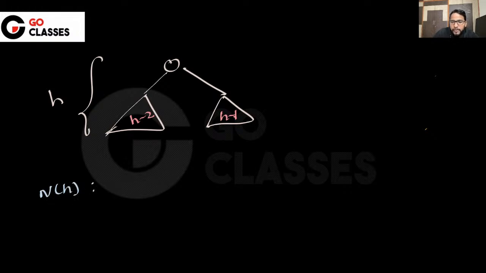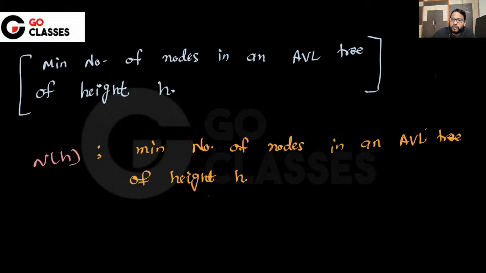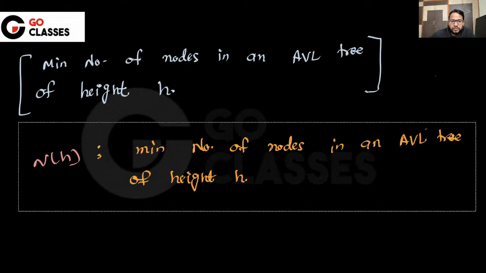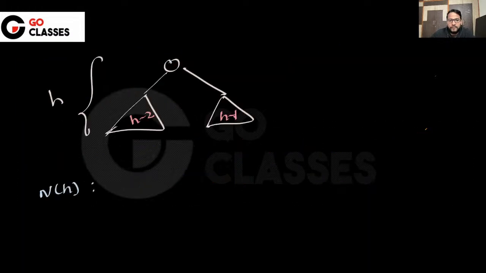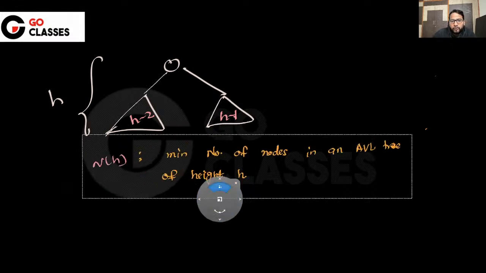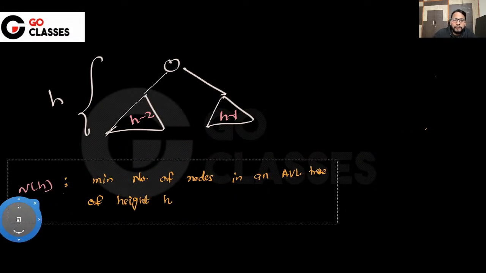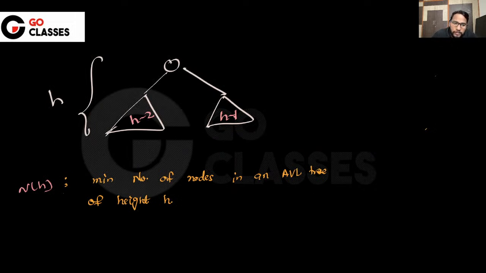So NH is the minimum number of nodes in an AVL tree of height h, right? That's what I have defined as NH. Now see, if you want the minimum number of nodes, then obviously you should have the minimum number of nodes everywhere, recursively. So these are the heights, but you should have the minimum number of nodes here also, and here also.